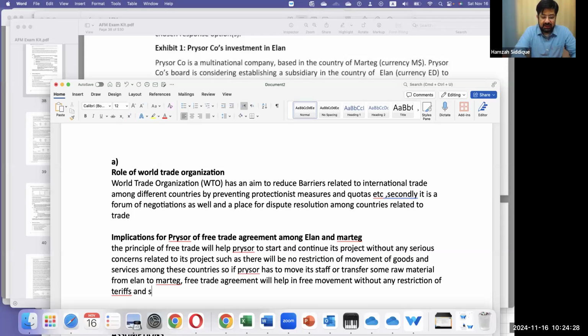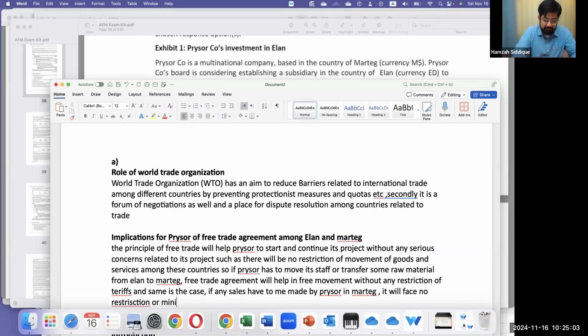And same is the case if any sales have to be made by, first of all, staff or raw material by Prysor in Maltech, it will face no restriction or minimum restriction.